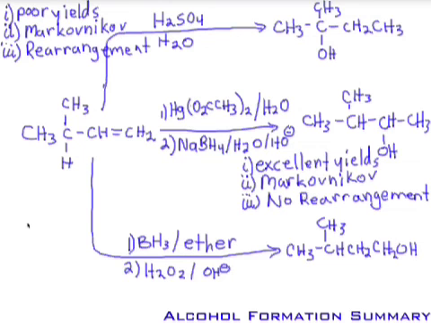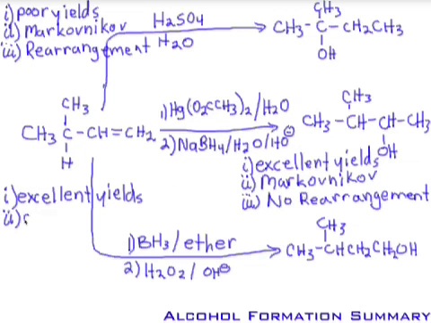So if I compare this to what I got up, I'd say excellent yields. My second point would be anti-Markovnikov. The H looks like it went on the carbon with the least hydrogens. Now, granted that during the reaction, the boron really acts Markovnikov, but by the time you're done, it appears as if you added the H on the carbon with the least hydrogen.